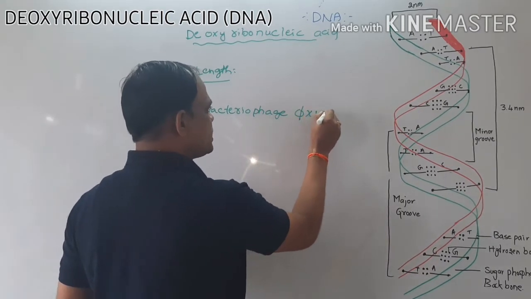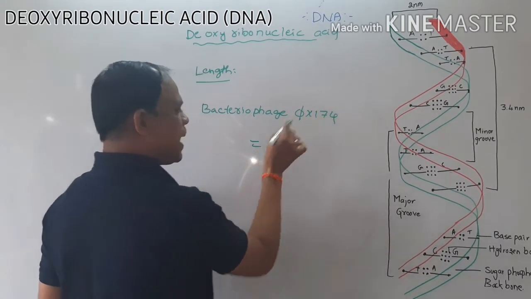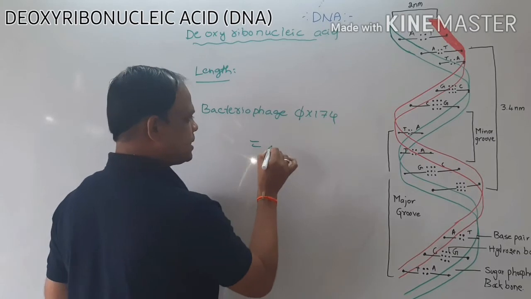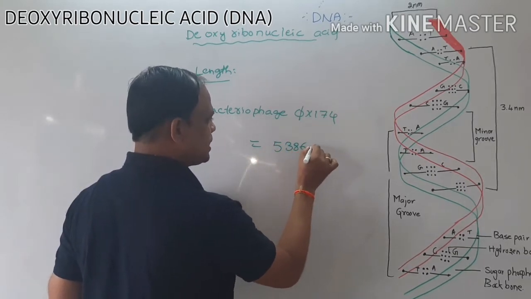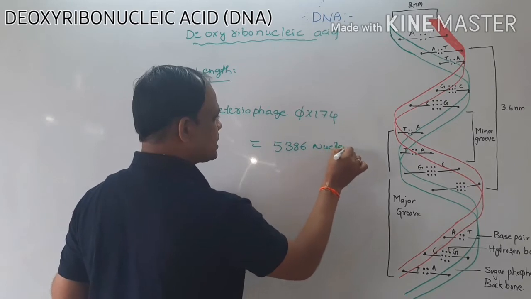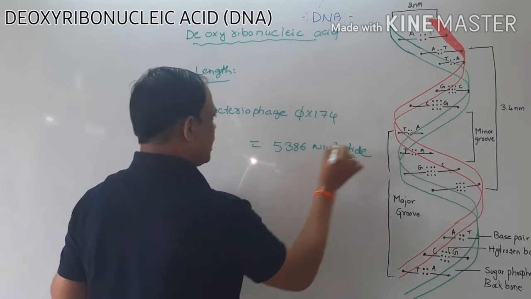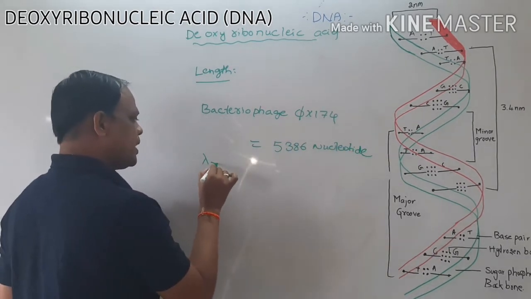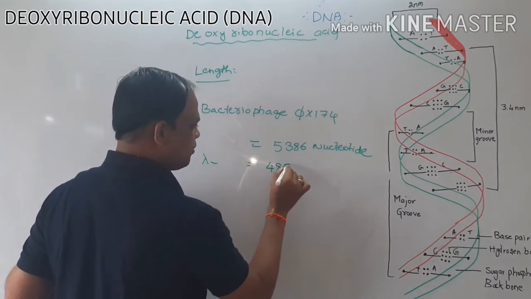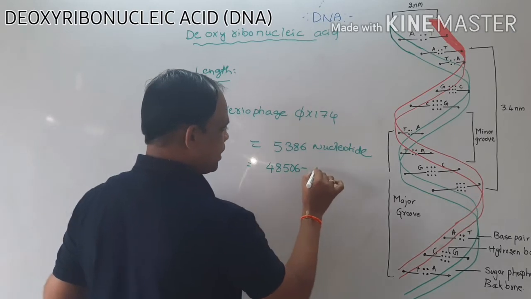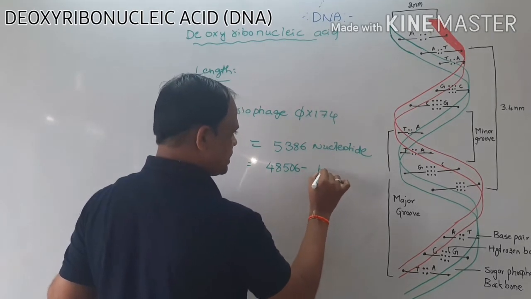For example, the bacteriophage phi X 174 contains 5386 nucleotides. The lambda phage bacteriophage contains 48,506 base pairs.